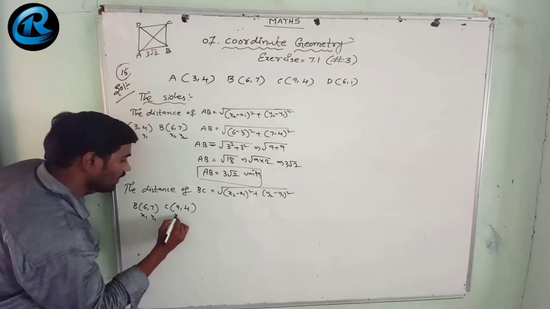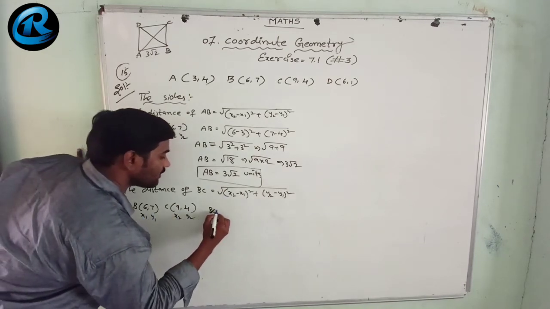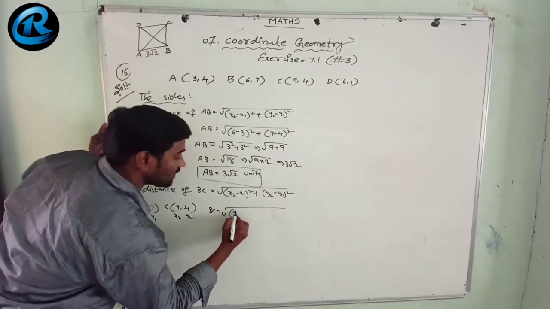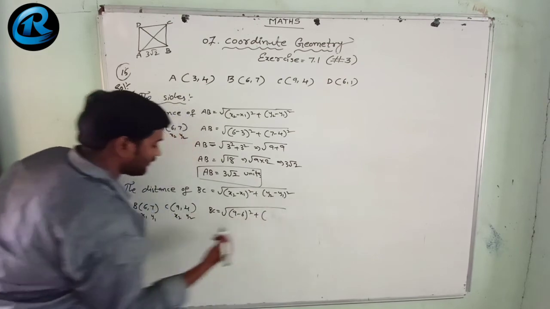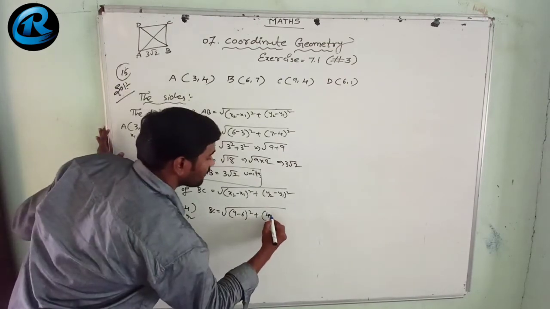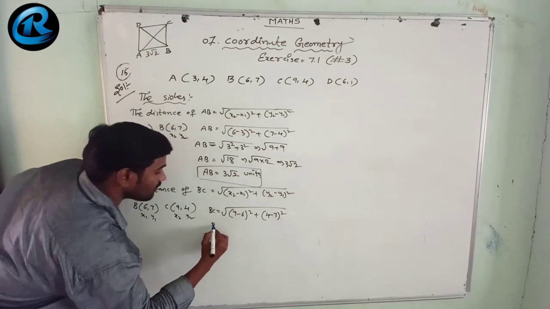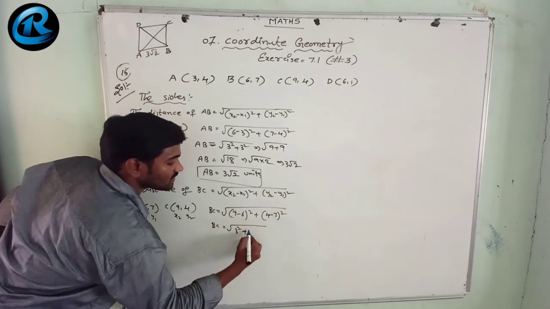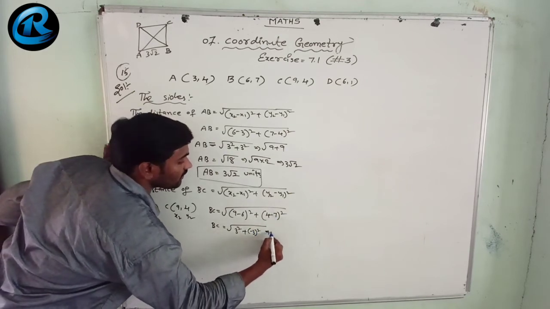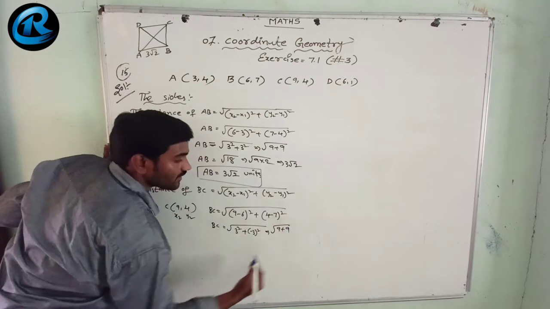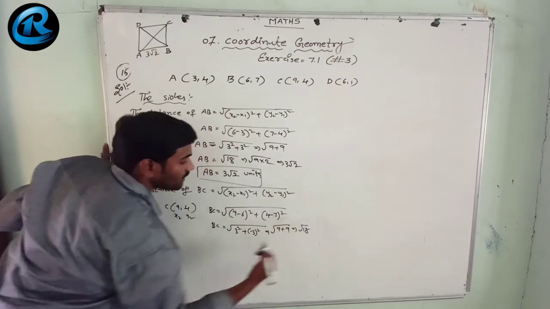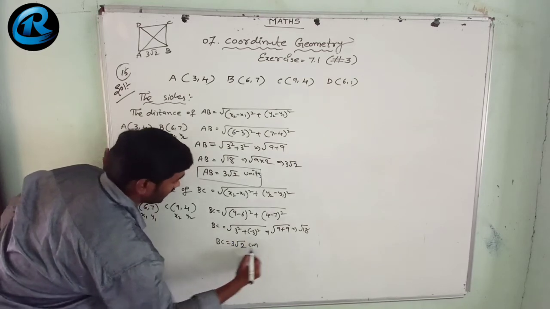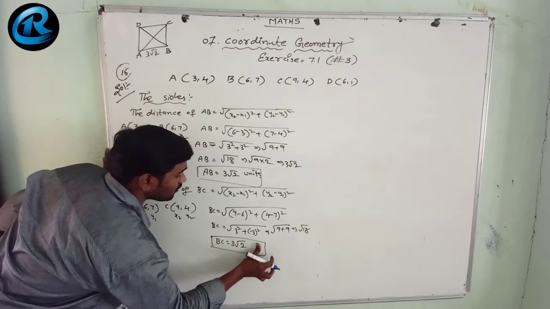BC equals under root of (9 minus 6) whole square plus (4 minus 7) whole square. Yes, BC equals under root of 3 square plus (minus 3) square, that equals under root of 9 plus 9, which gives under root of 18. The value of under root of 18 we just got, that is 3 root 2 units.